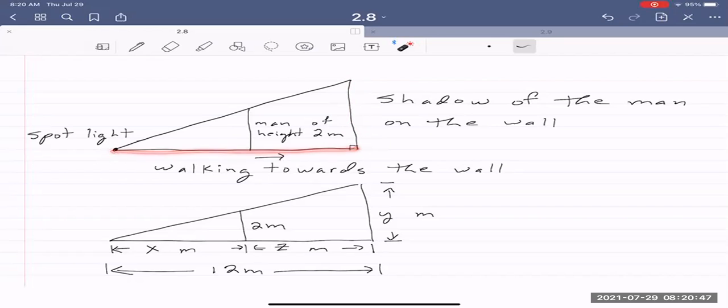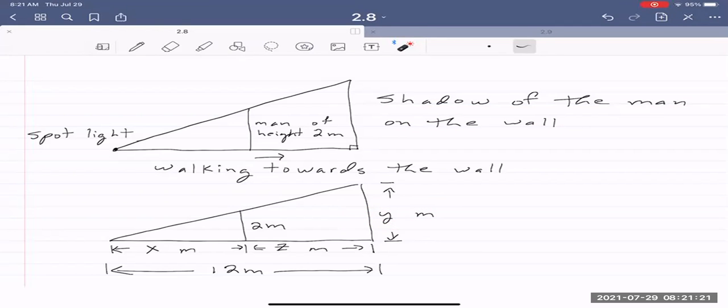I have a fixed distance here of 12 meters, and a fixed height here of 2 meters. I'll call this distance here, that's changing, Z meters. And this distance here, X meters. And this Y meters. So the height of the shadow of the man on the wall is Y meters.